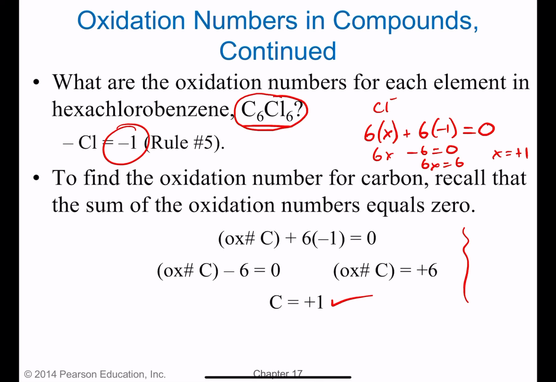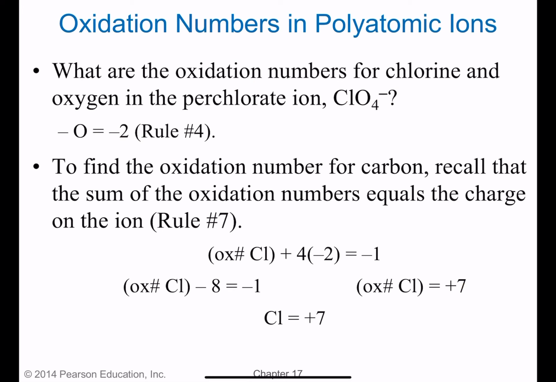Okay, here's another one where it's a polyatomic ion. Notice the ion has a charge of -1, so it's going to equal -1 when we work this out. First, between chlorine and oxygen, oxygen is more electronegative. You can use ptable.com to verify that, or use the chart in the book.